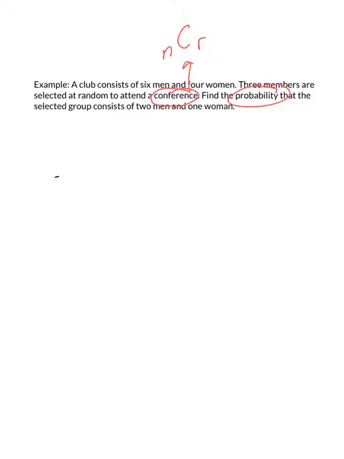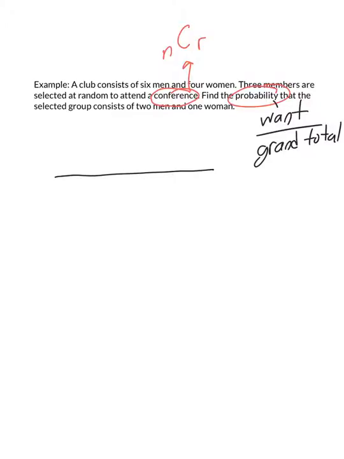So putting it together, probability meant fraction. I'm going to draw my fraction bar, and it's what we want divided by the grand total. They tell us what we're looking for: a group with 2 men and 1 female.